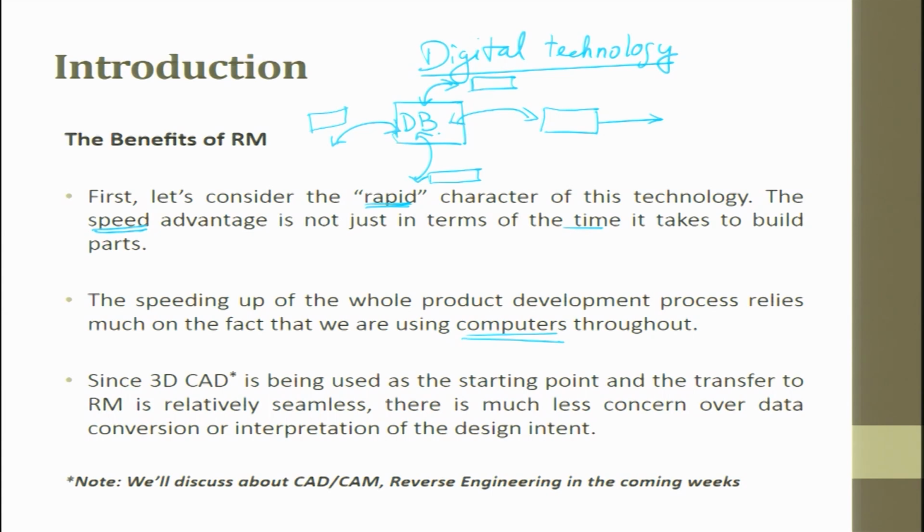And since the data is present in digital form, all the software which further works on it can be developed on top of it. So, this makes life very, very easy.